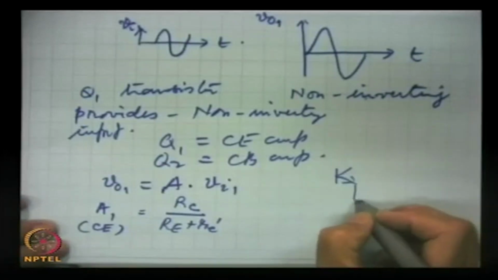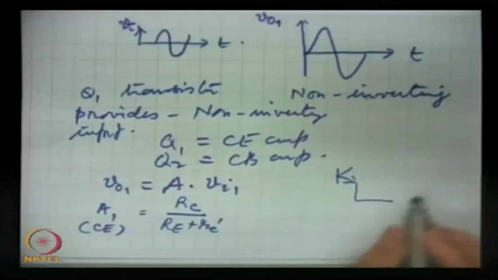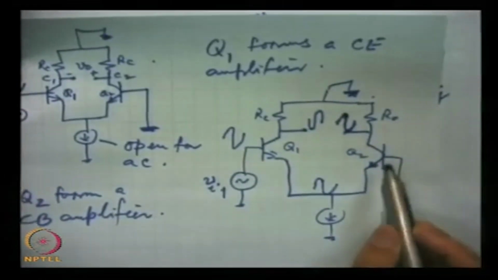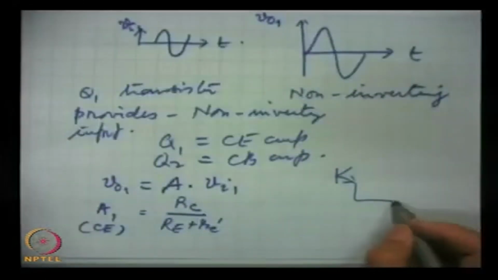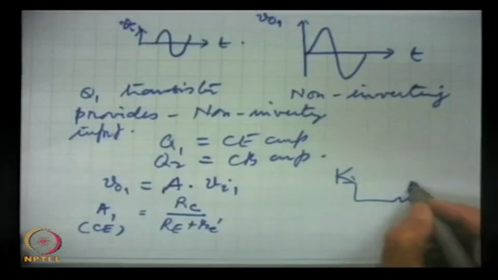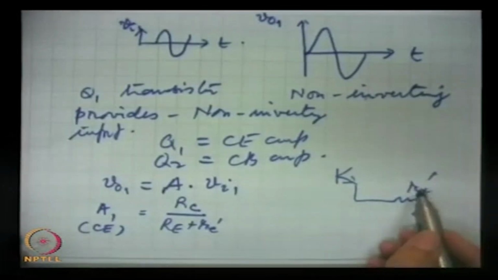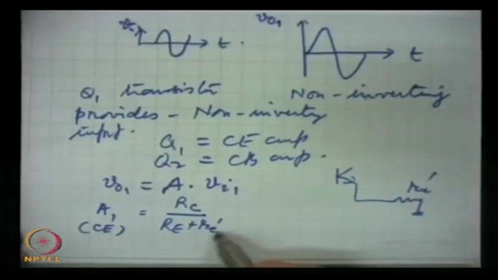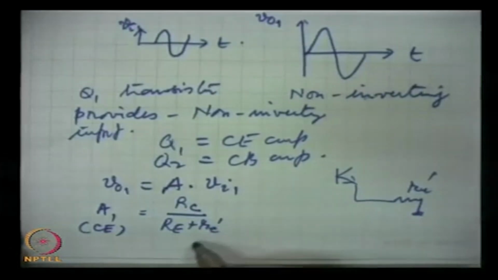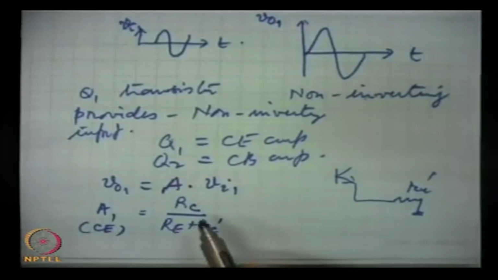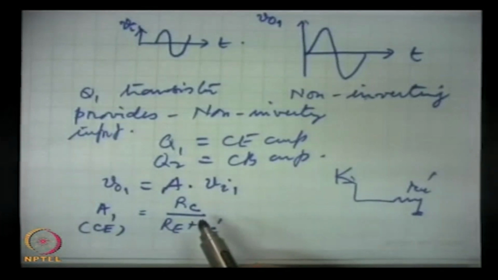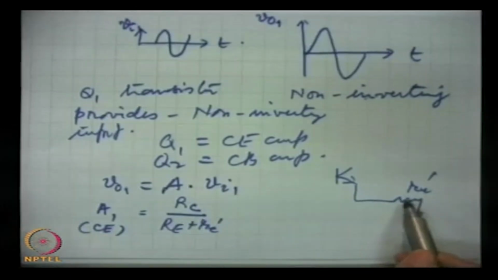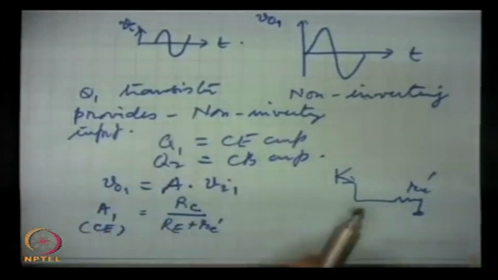Here, the signal is going to the emitter and hence this will act as Re prime, where Re prime is the dynamic emitter resistance, that is the emitter resistance of the junction, the dynamic AC resistance, and here this will come for Q2, but the two transistors are identical, hence they are the same.